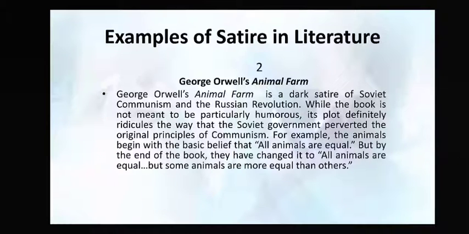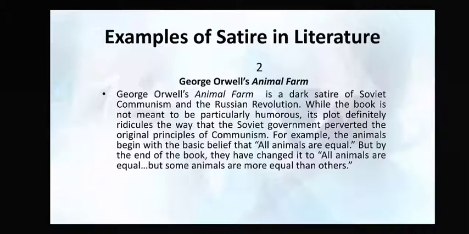The whole work is satirical, and that is George Orwell's novella Animal Farm. Animal Farm is a dark satire of Soviet communism and the Russian Revolution. While the book is not meant to be particularly humorous, its plot definitely ridicules the way in which the Soviet government perverted the original principles of communism.